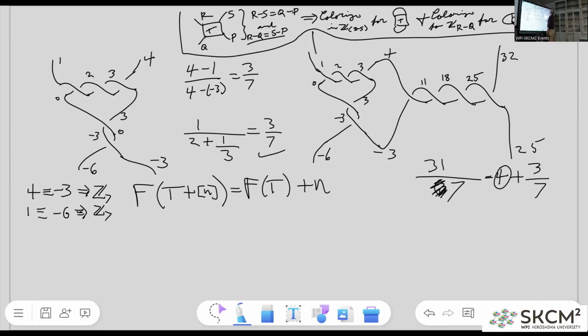You can close up the tangle. This is called the numerator of the tangle, and this is called the denominator of the tangle. We can get a knot or a link by closing it up in that way.